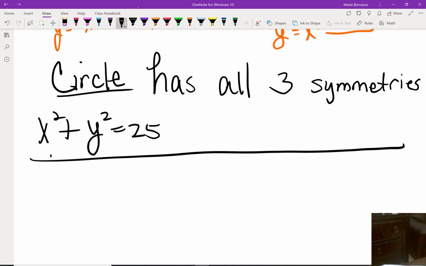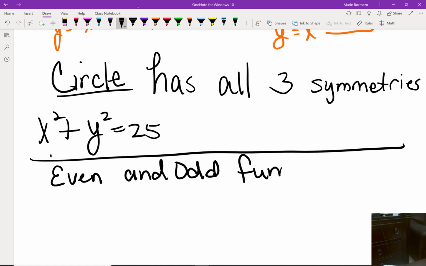All right, the next concept is even and odd, and I'm going to give you the skinny on this one. Even and odd functions, the easiest way to do this, how to determine if a function is even or odd.